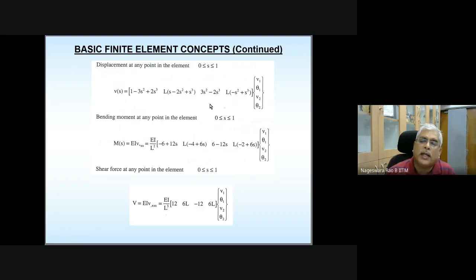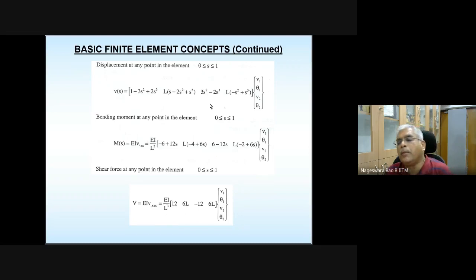So whatever explanation I gave you just before this slide, now you can recall. If the displacement variation is up to cubic, this element is able to capture displacement exactly.